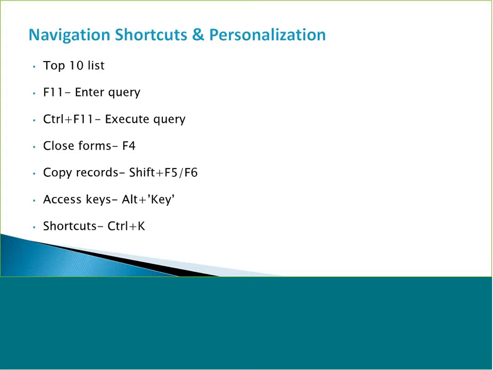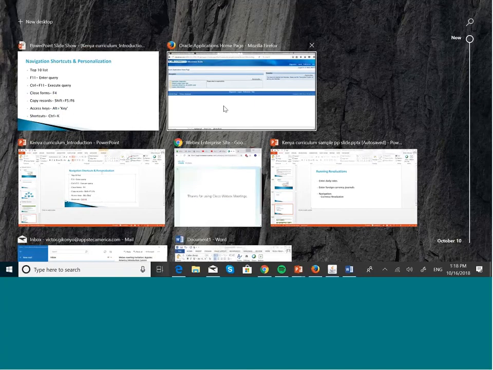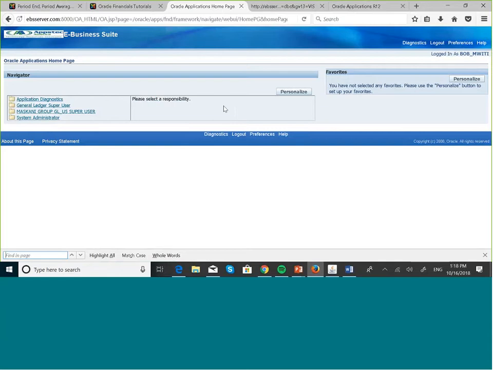So to start off, I am going to show you how to add some navigations to what we may call a favorite list, or some of the navigations that you are going to use often, so that you can access them much more easily.